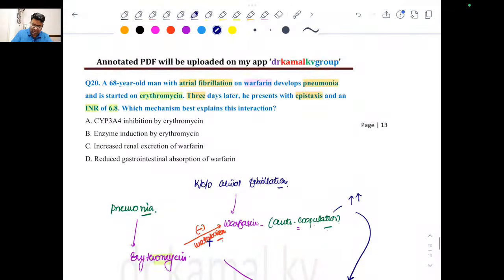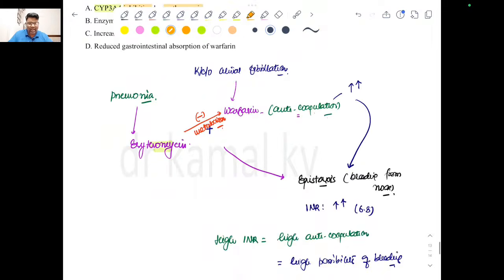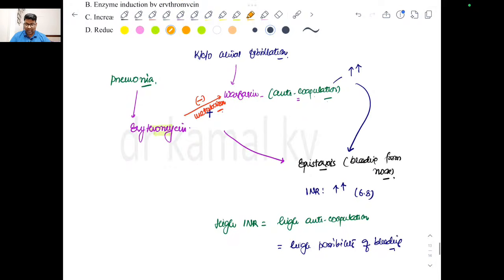So, yes, the classical statement here is CYP3A4 inhibition by erythromycin. So macrolides, if given with any other drug simultaneously, always think of inhibition of metabolism of that particular drug, and therefore high chances of toxicity even at the usual doses.